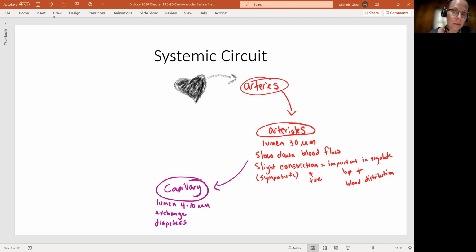We're going to see that they have a basement membrane. We're going to see that they are endothelial cells. Y'all, that's simple squamous, a single layer of cells, right? And then sometimes, depending, we can say occasional muscle cells here.